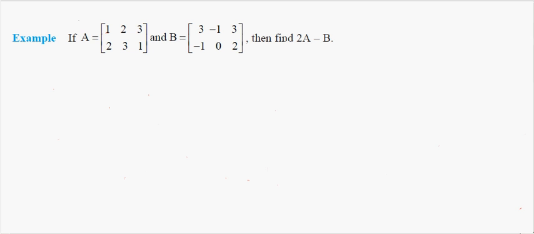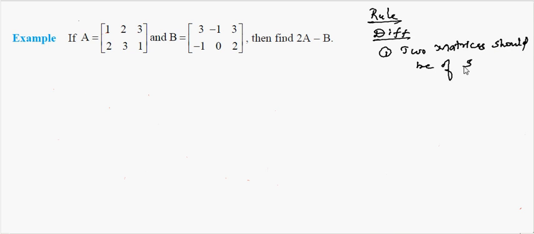Next, we shall take an example wherein you need to find the difference. The rule is the same: the two matrices should be of the same order. Once they are of the same order, you can proceed with finding the difference.